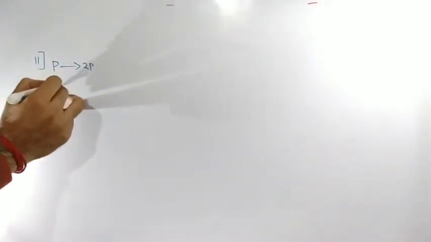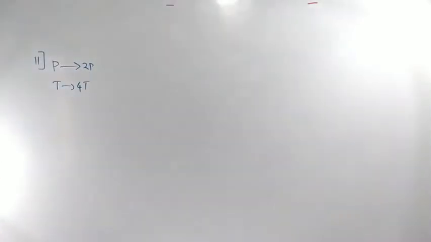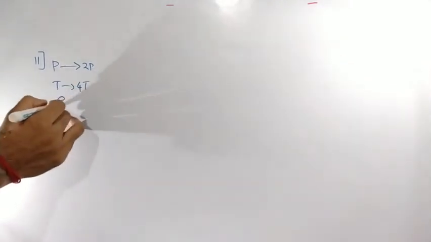So O2 gas is filled in a vessel. If pressure is doubled, then temperature becomes 4 times. So two conditions they had given. That means pressure is doubled and temperature becomes 4 times. Okay. How many times will density become? So what will happen to density, they are asking.